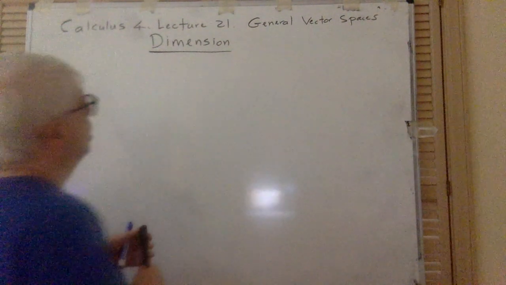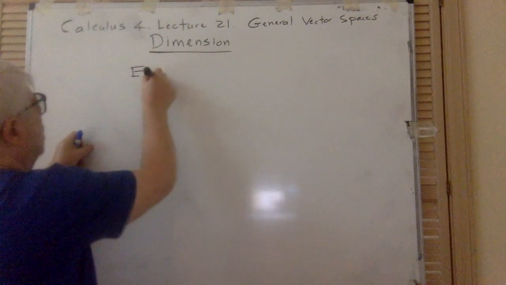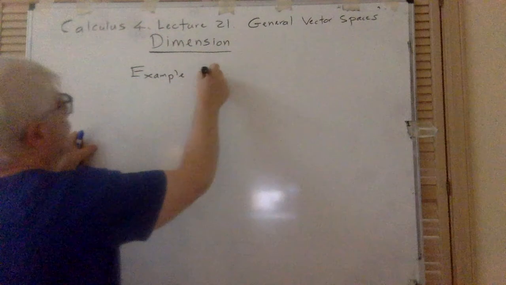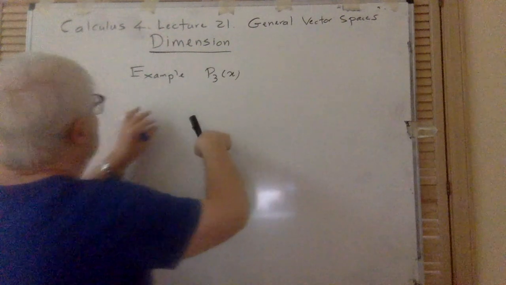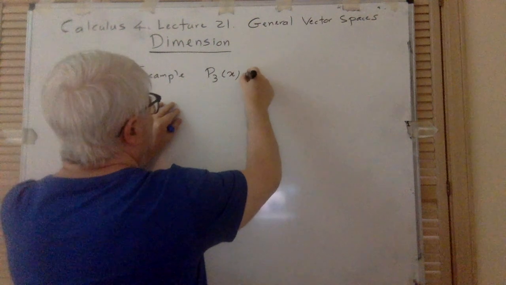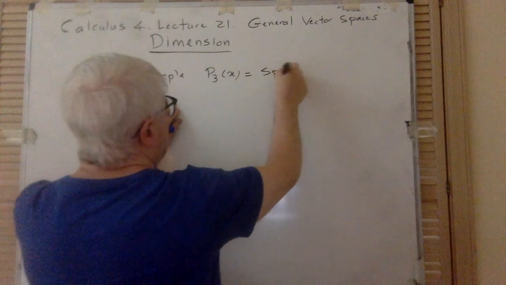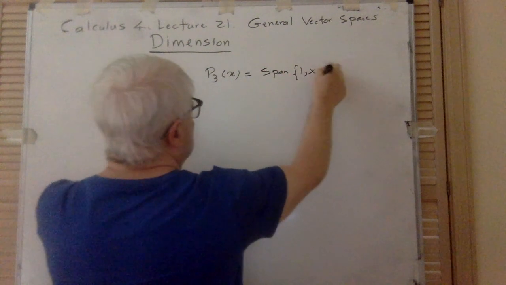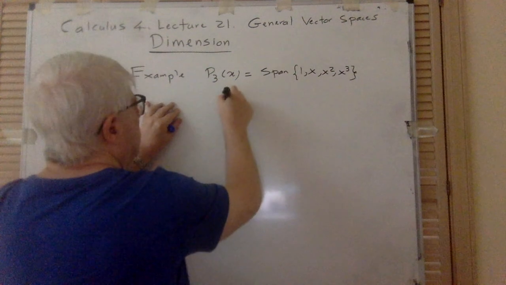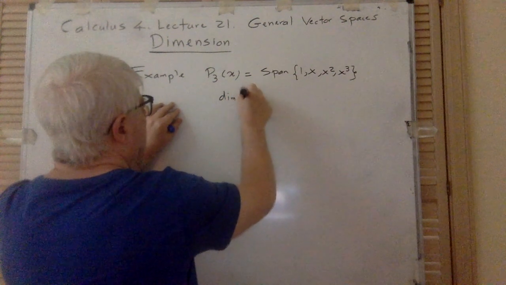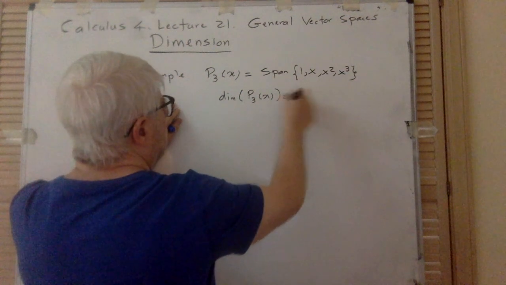So let's see. Example. Remember P3(x). I don't know if I gave you this as an example, or maybe I made a mistake. So this is like the span of 1, x, x squared, and x cubed. So the dimension of P3 is 4.